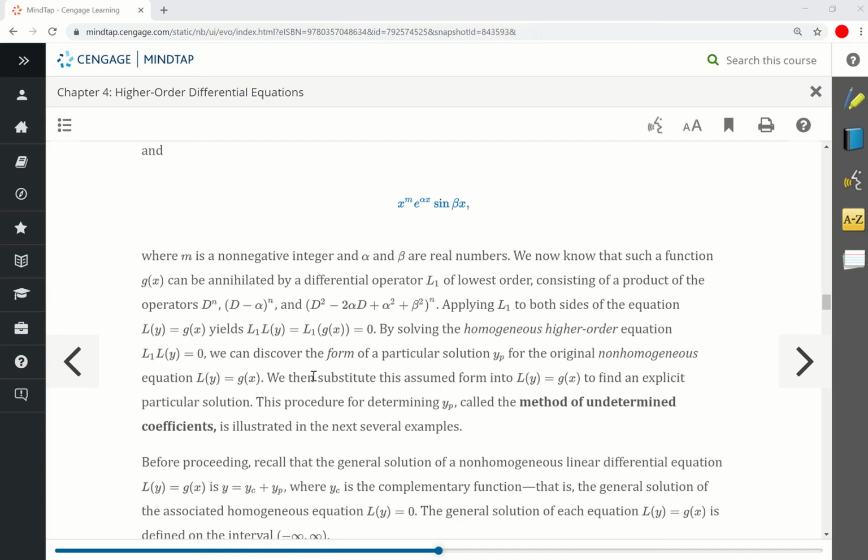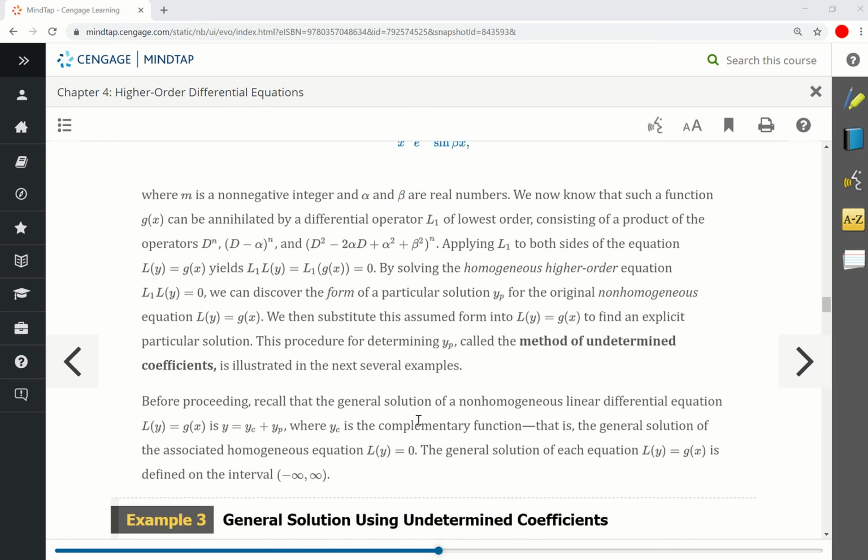Okay? We know how to solve those from what we did before. A lot of times you can just work on the auxiliary equation, solve that, and then what we're going to do is substitute this assumed function form in to find the undetermined coefficients, to find the form of our particular solution y sub p. So that's the game plan. That's what we're going to do in the next example.